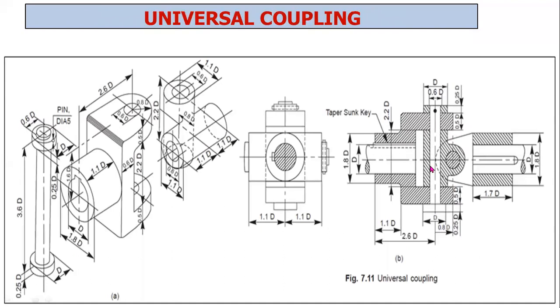Okay, this is the cross-sectional view of a universal coupling. This is the front view and this one is the side view.